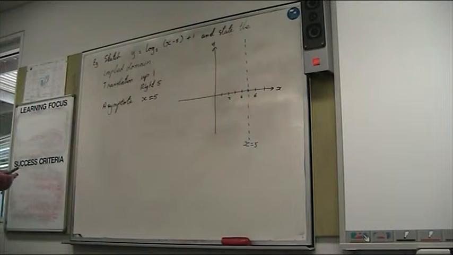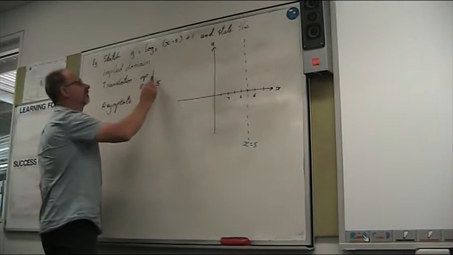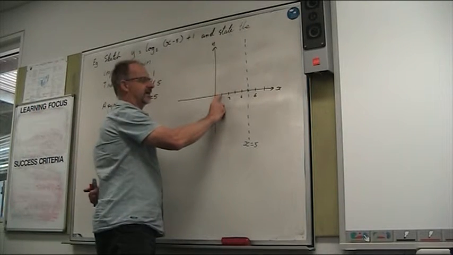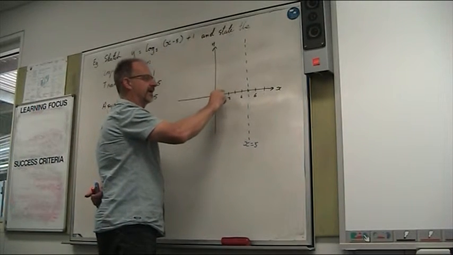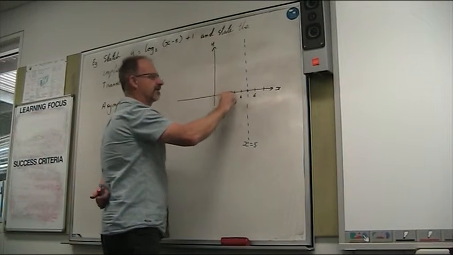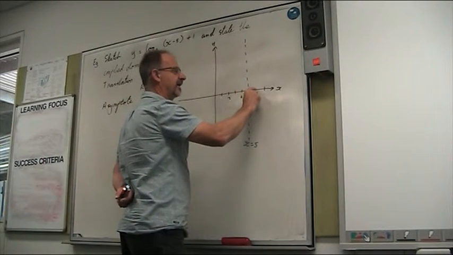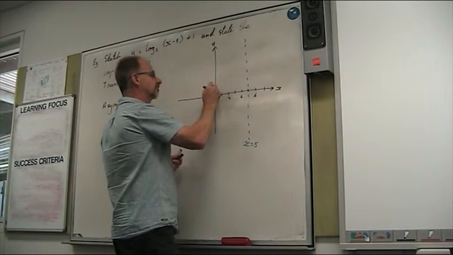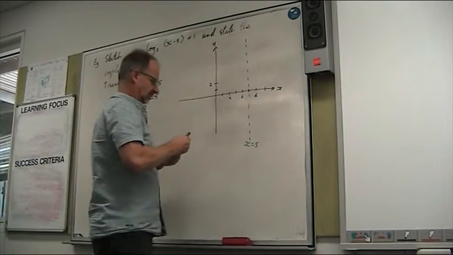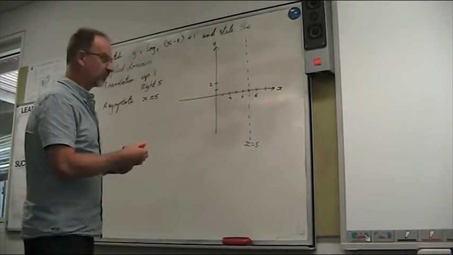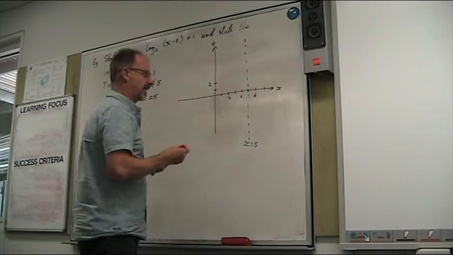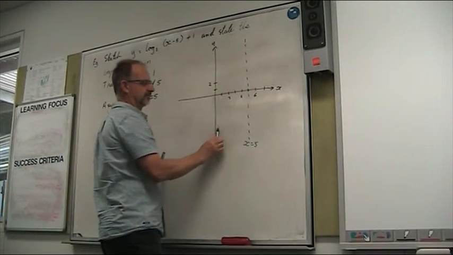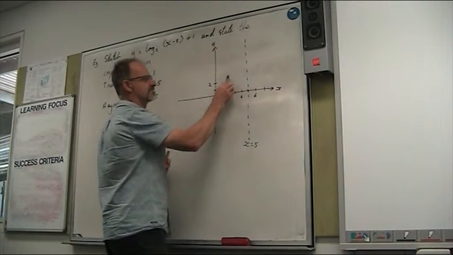Now the other thing is it's moved to the right 5 and up 1. So remember the normal log would normally intersect here at 1 on the axis. If we move that to the right 5 and then up 1, your normal log without any translations usually would intersect there, and we go like this.